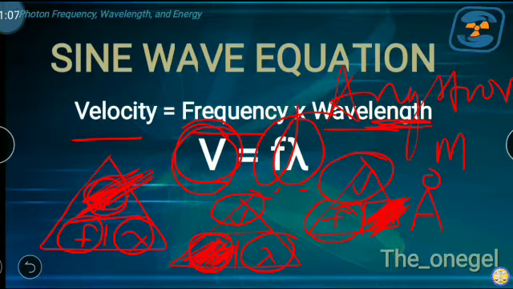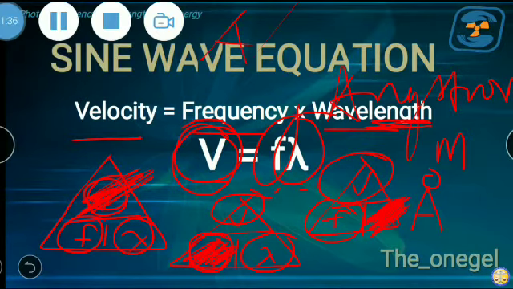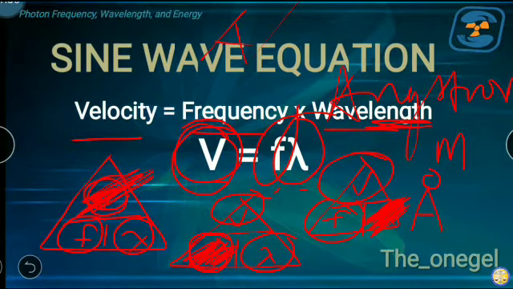Angstrom. Let us clarify ha yung spelling: letter A, N, G, S, T, R, O, M. So, for every 1 angstrom, the equivalent niya is 10 raised to negative 10 meter.